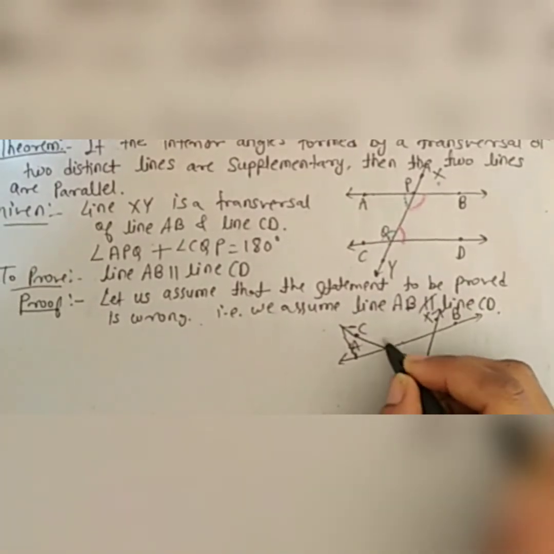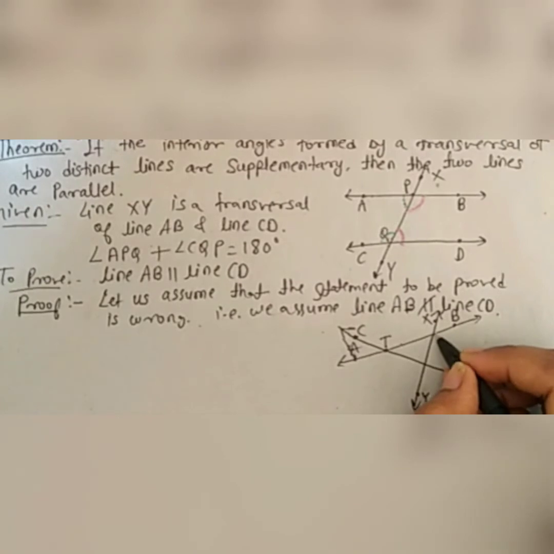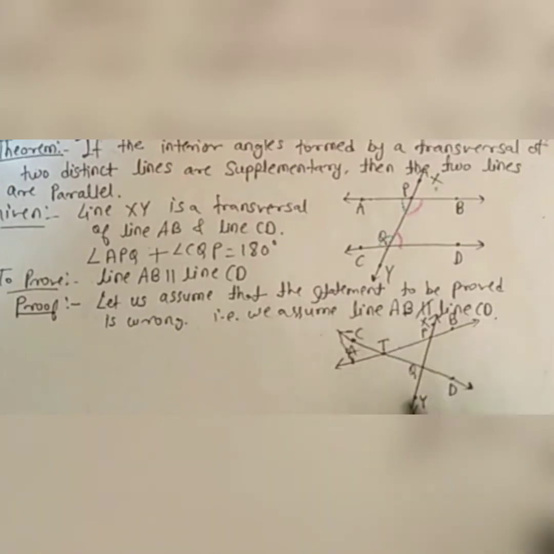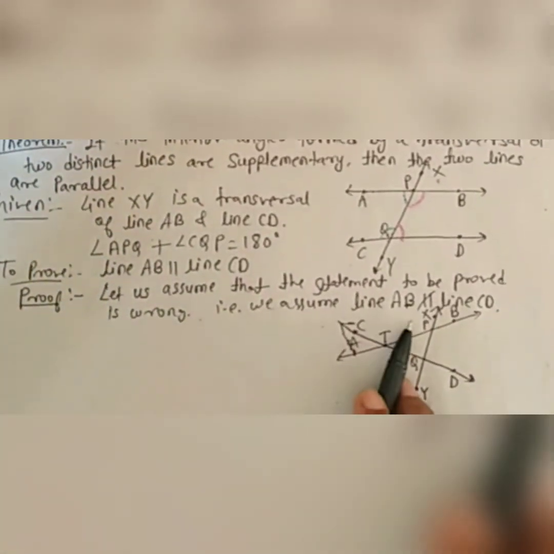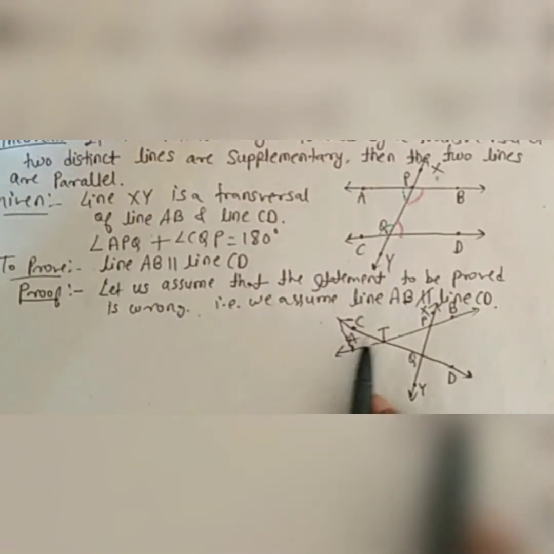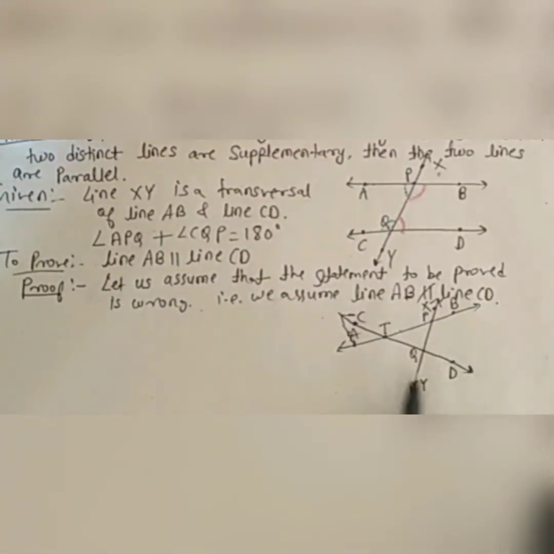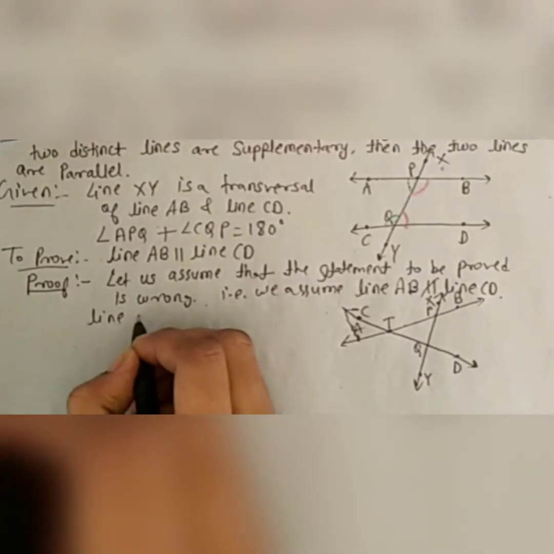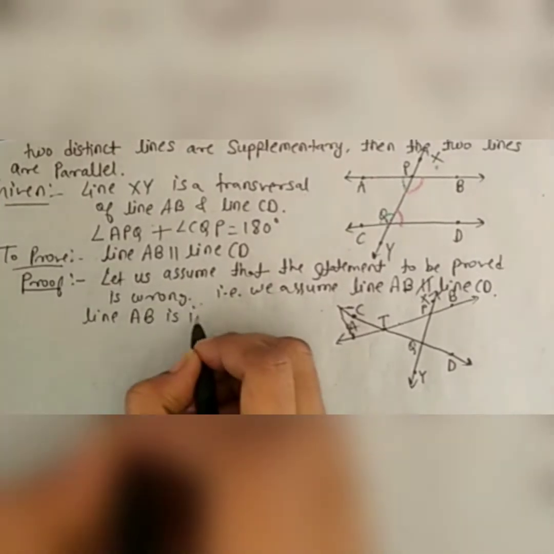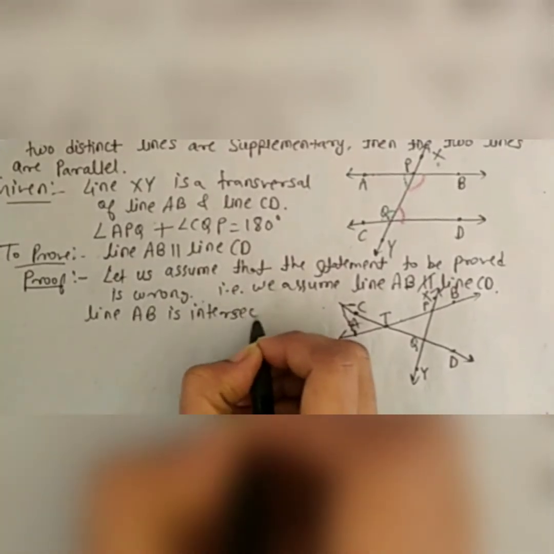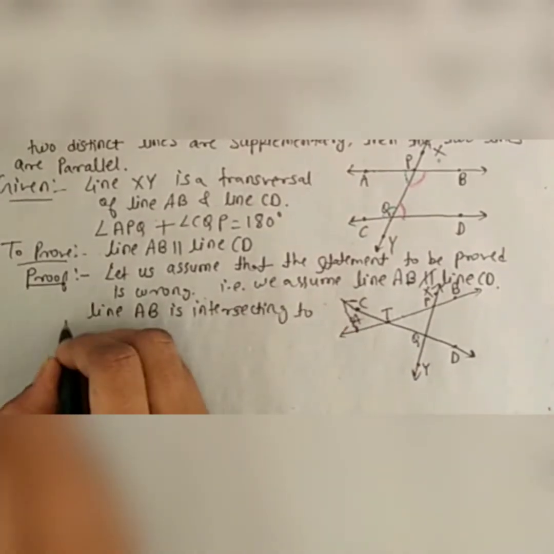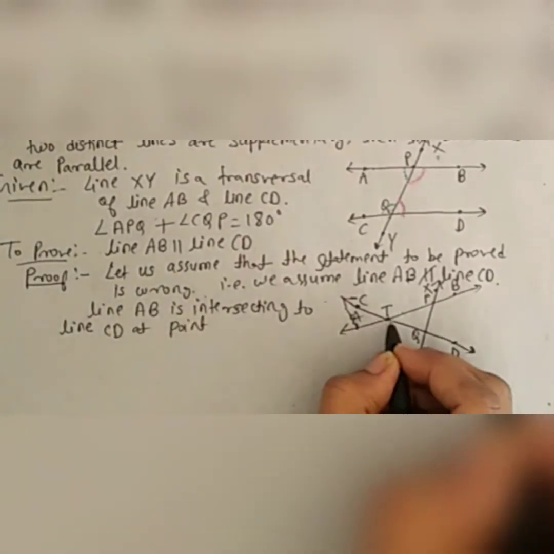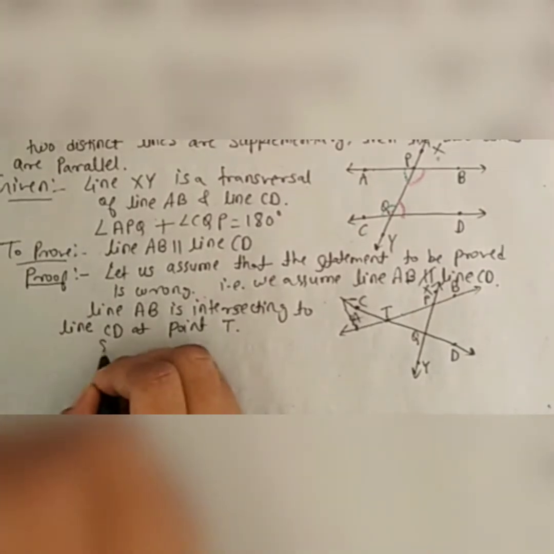This is intersecting, suppose at point T, and here point P we already have, and this is our point Q. Now we are assuming a wrong thing, means line AB is intersecting line CD at some point T. We write here, line AB is intersecting line CD at point T.